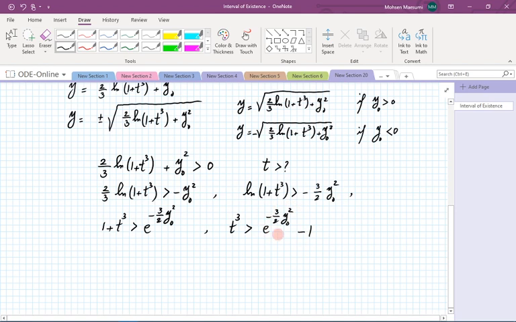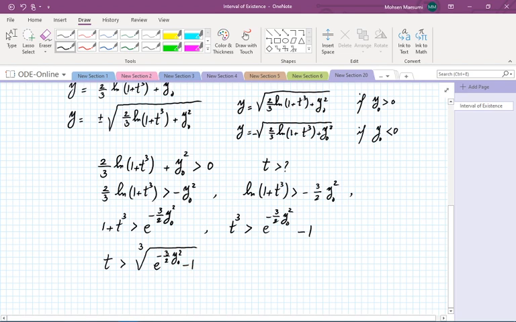Notice the exponential of a negative exponent will be a number less than 1. So when you do a subtraction, this number here is going to be a negative number. So I take a cube root. So t has to be larger than the cube root of the exponential of minus 3/2 of y0 squared minus 1.